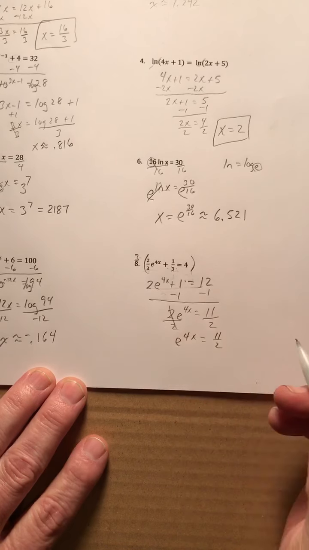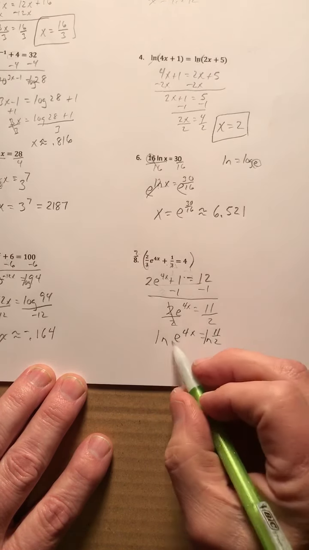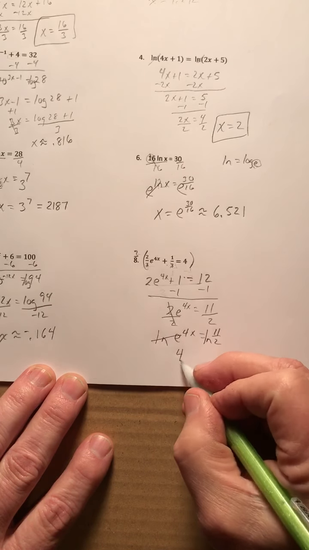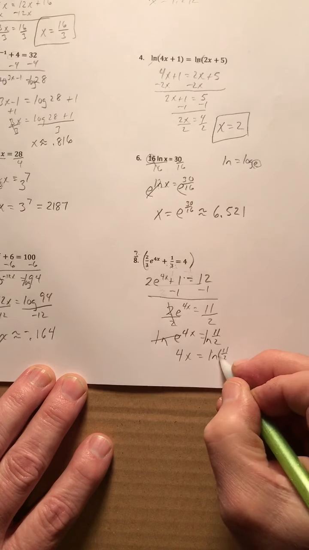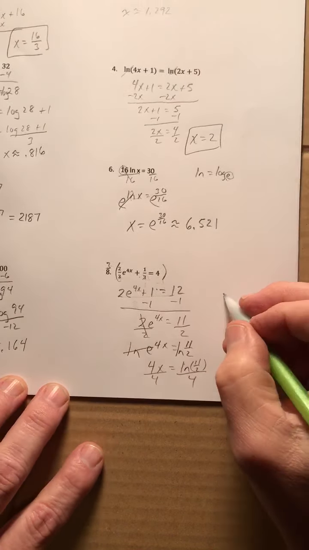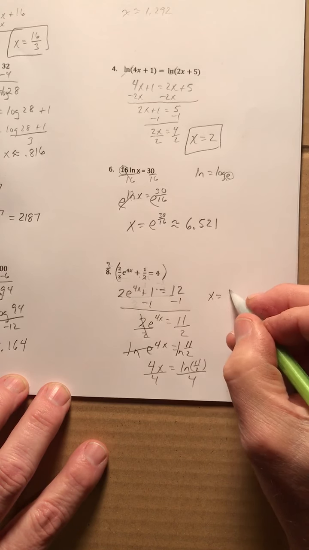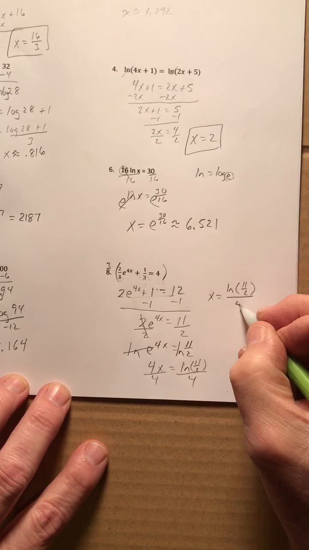Now to get rid of e, you use ln. So I do ln of this side and ln of this side. They cancel out, and I get 4x equals ln of 11 divided by 2. And then I just divide by 4, divide by 4. So now we get x equals ln of 11 divided by 2, over 4.